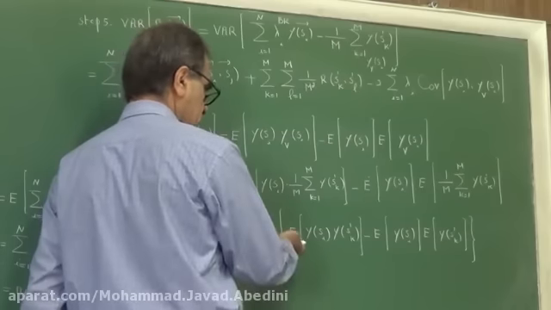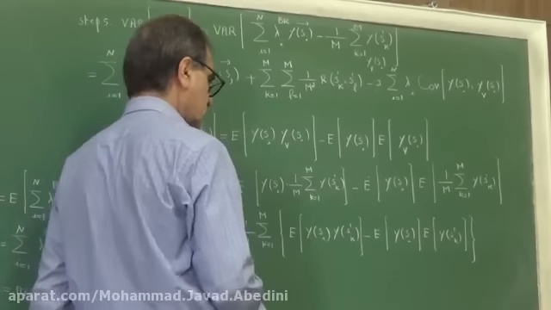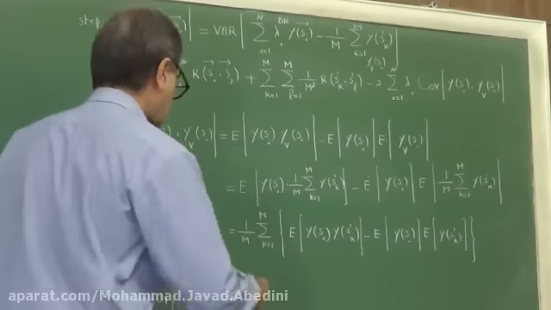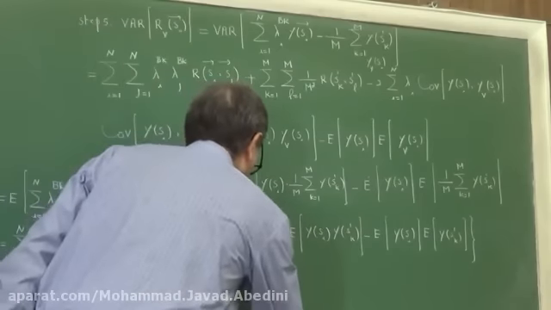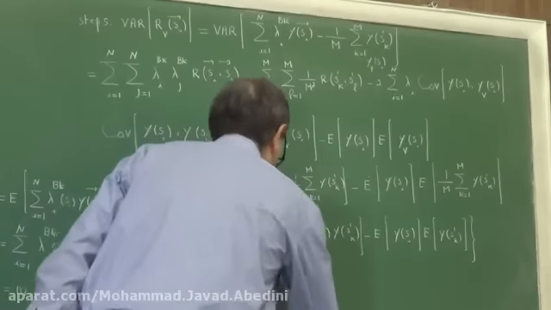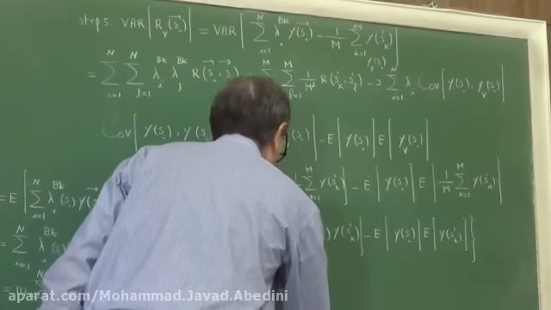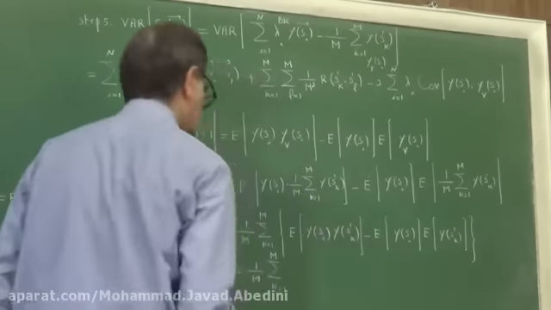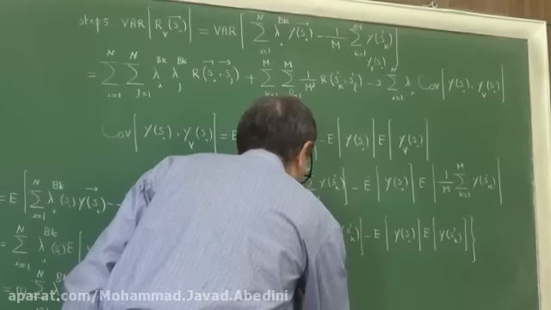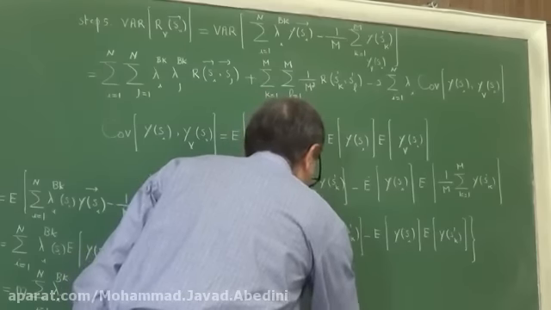Now I can replace it with covariance of s prime k and s bar. Therefore, 1 over m summation k from 1 to m cov of s prime k, s bar.